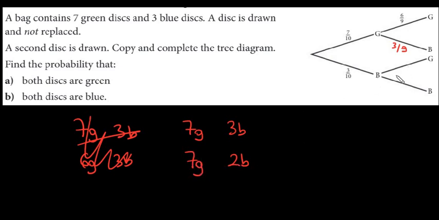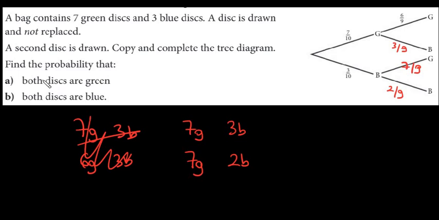We have 7 green balls. 7 over the number of all balls is 9. 7 over 9. In the first, if we get a blue, in the second, what's the probability of getting a blue ball? It's going to be 2 over 9 because we have 2 blue and total number of balls is, or discs, doesn't matter, it is 9. 2 over 9.